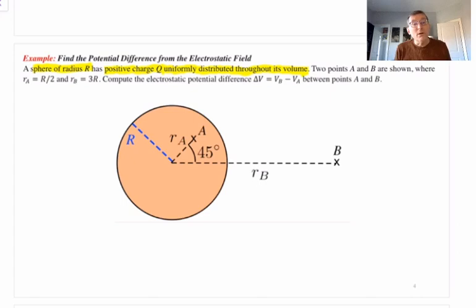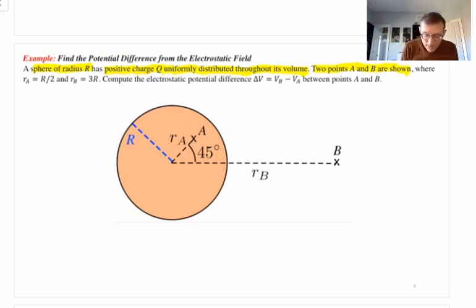And once we do, then we can use that knowledge of E, the electric field, to do the calculation that this problem asks for. Here's what it says. There are 2 points in space. They're labeled A and B. You can see them in the picture.